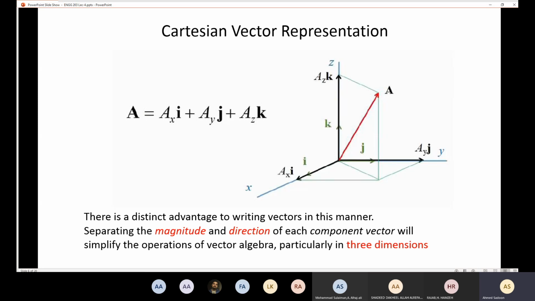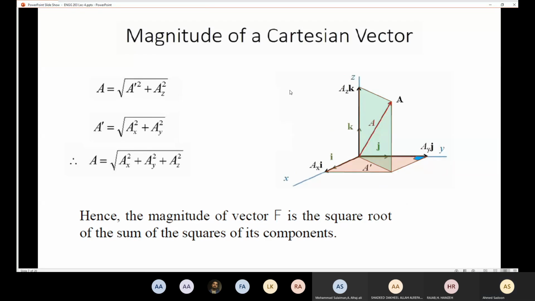Without using the Cartesian vector, in order to get the resultant for many forces, here I have only one vector, maybe I'm going to have a vector here and a vector here, and if you use scalar notation, it's going to be very difficult for us to handle it. But using the Cartesian vector is going to be very easy. So especially in 3 dimensions, we are going to use the Cartesian vector.